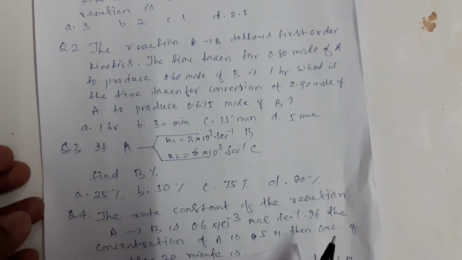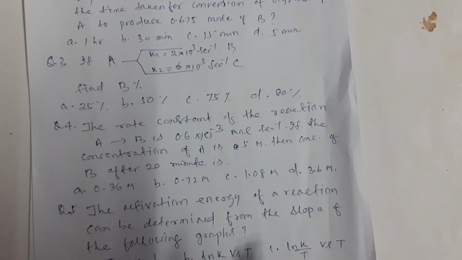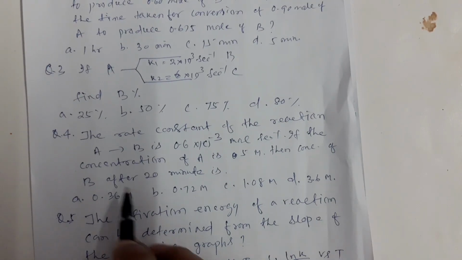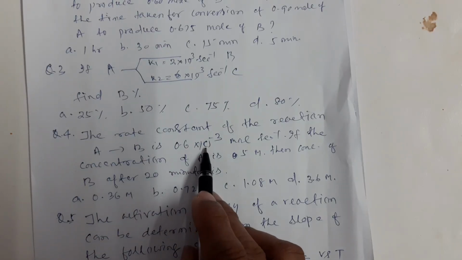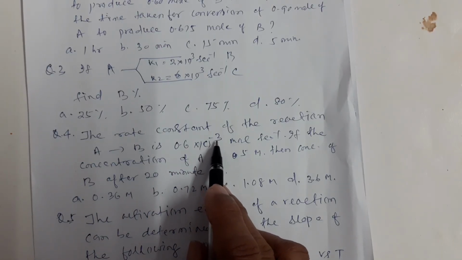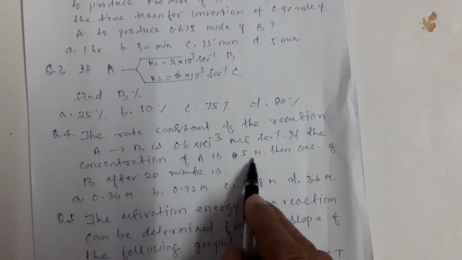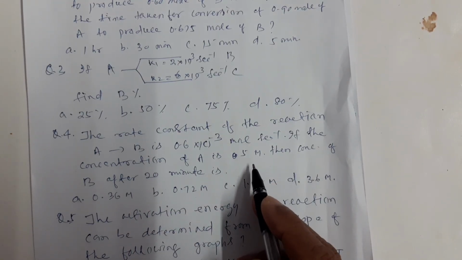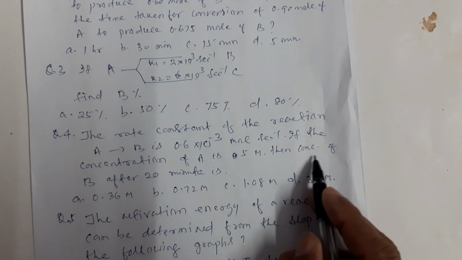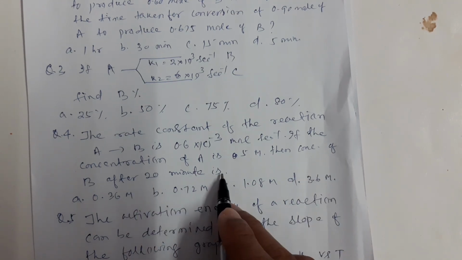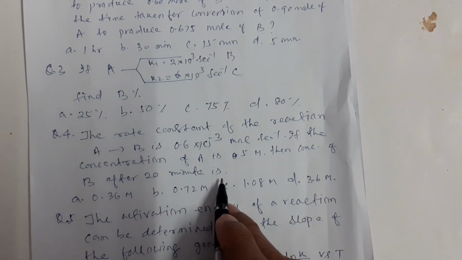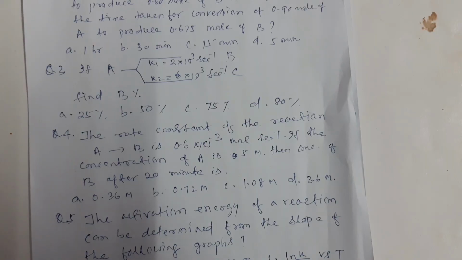Okay, next, the rate constant for the reaction A to B is 0.6 multiplied by 10 to the minus 3 mole per second. If the concentration of A is 5 molar, then what is the concentration of B after 20 minutes? Okay, so you see, 20 minutes.